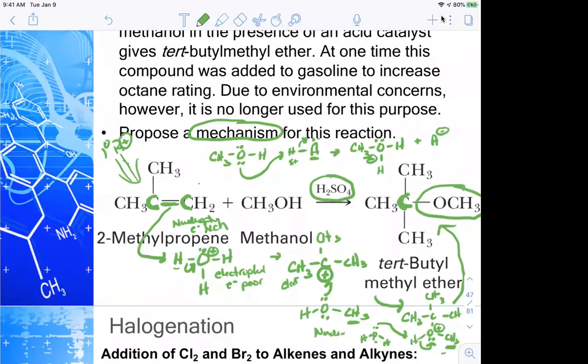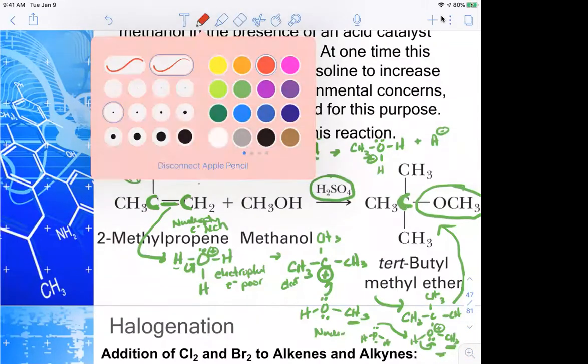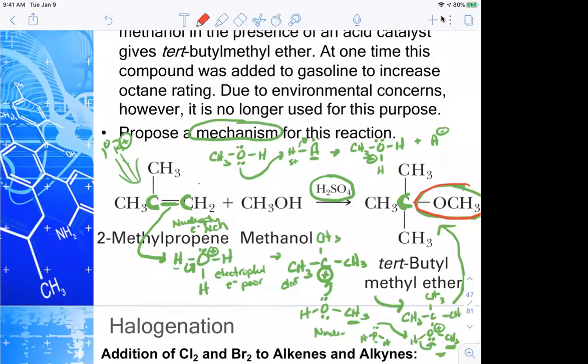And then when I get this oxonium ion, this is my intermediate, it's not my final product. My final product needs to have that deprotonation of the hydrogen in order to give me the neutral ether in this case. So notice that the piece that I'm adding is this OCH3, which is from the methanol minus the hydrogen. And that's what I'm adding at this step.